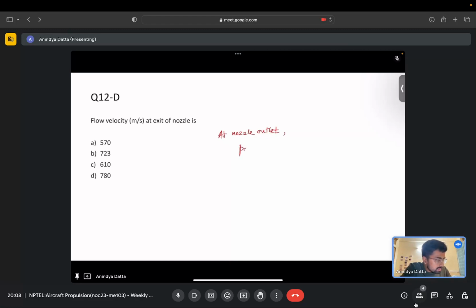At the nozzle outlet, the pressure becomes equal to PC, which is 0.827 bar. You see that that is higher than the ambient pressure because the nozzle is choked. And T5 will be equal to the critical temperature, that is 2 by (gamma plus 1) times T04. Remember, for the critical pressure, the critical temperature ratio is (gamma plus 1) by 2.